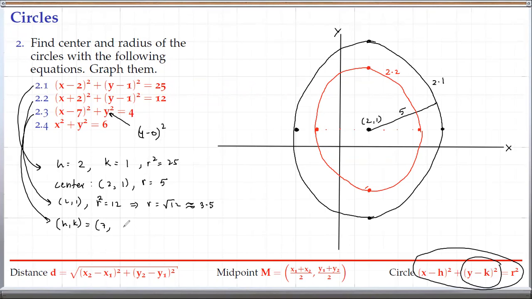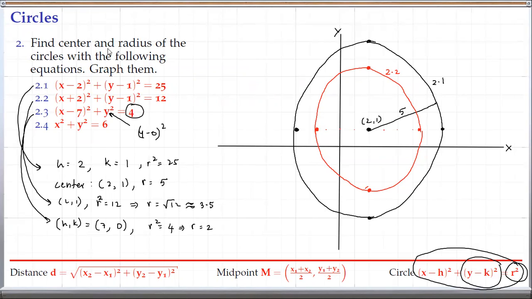That means k is 0. So the center is 7, 0. And the radius is 2, because we have r squared equals 4. So this side compares with r squared, 4, which means r equals 2.